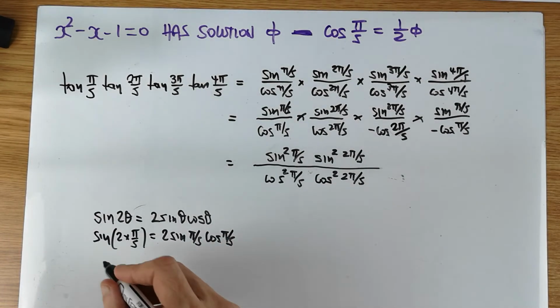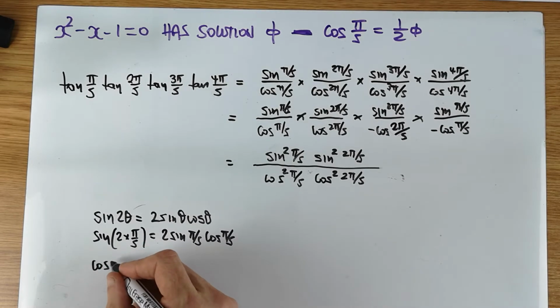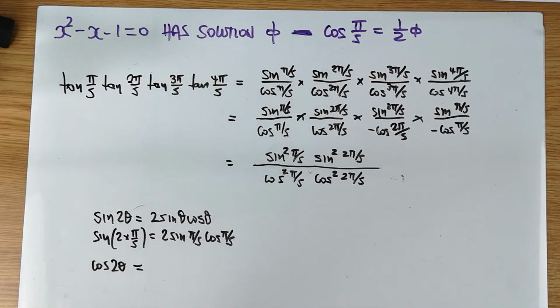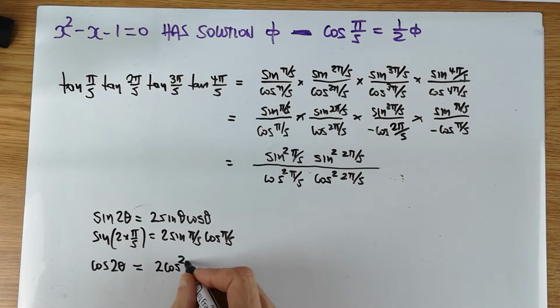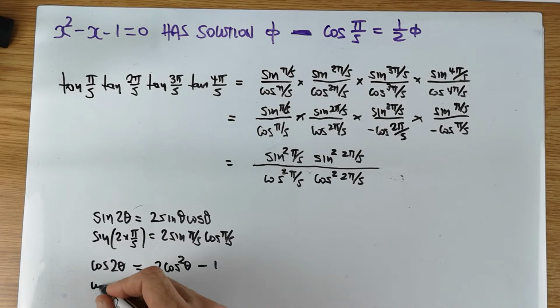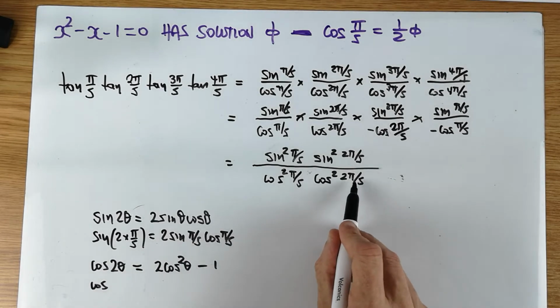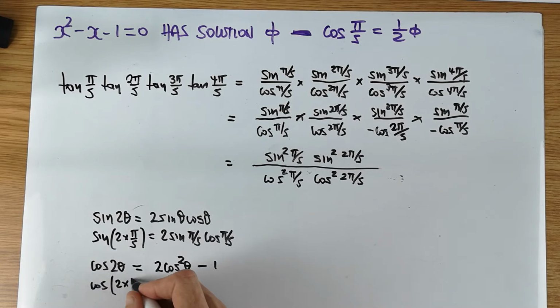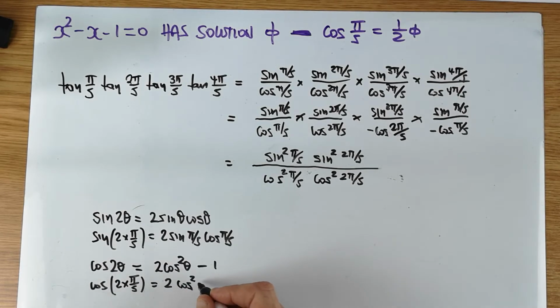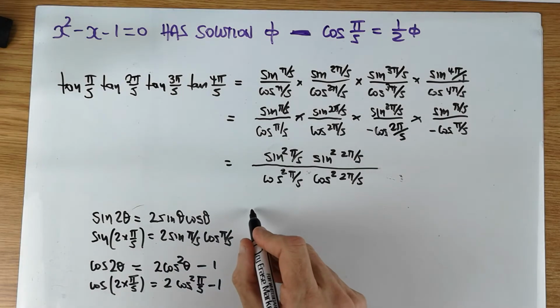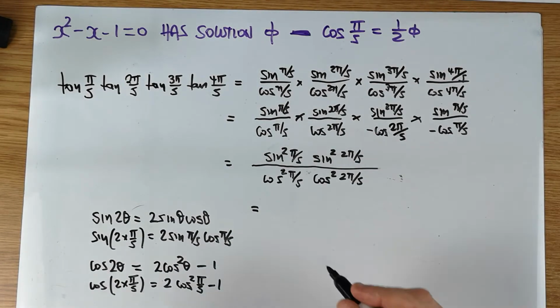And the same thing, if you look at cos of 2 theta, and I don't want to go cos this or sines, I want to go cos this, so that's 2 cos squared theta minus 1. Then if I use it to break down the 2 lots of pi over 5, that'll be 2 lots of cos squared of pi over 5 minus 1. Okay, let's put these things in and let's see what happens.